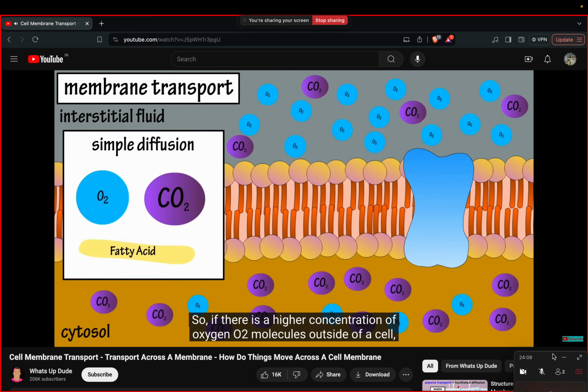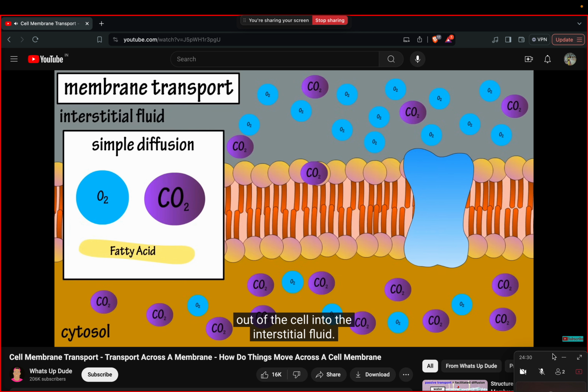So if there's a higher concentration of oxygen, O2, molecules outside of a cell, they can move down the concentration gradient across the membrane without assistance and into the cell as long as the concentration gradient exists. And if there's a higher concentration of carbon dioxide, CO2, molecules inside a cell, they can move across the membrane without assistance out of the cell into the interstitial fluid.